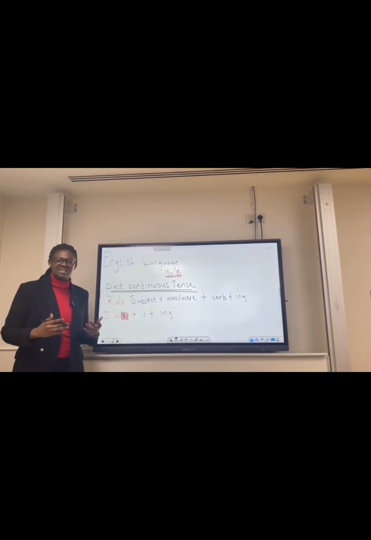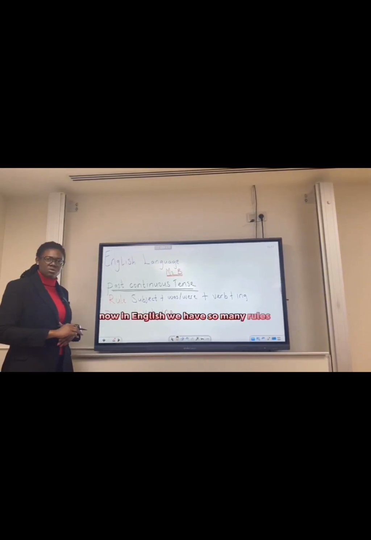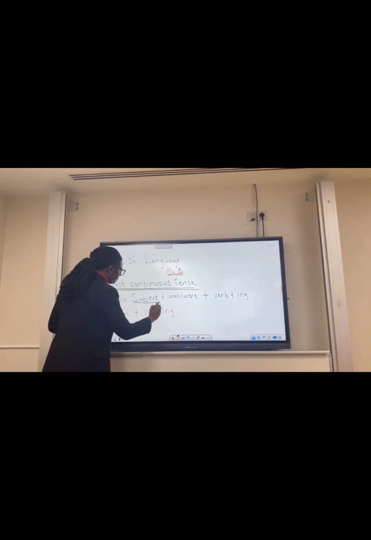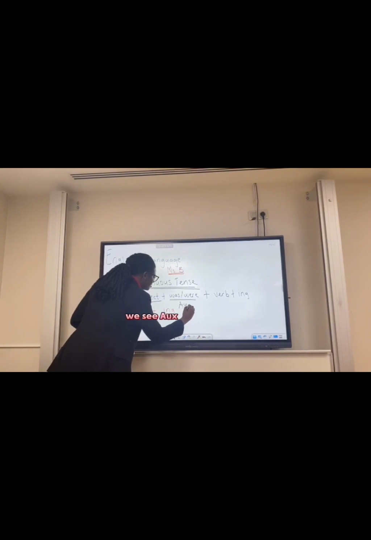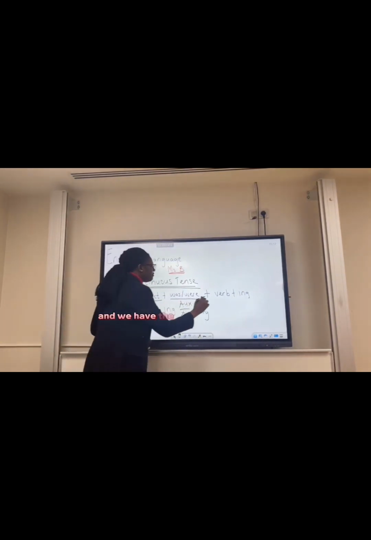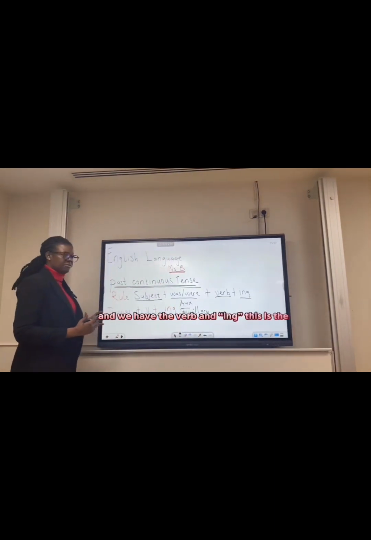Anything that is past is something that happened before now. In English, we have so many rules and forms. We have the subject, and we have the auxiliary. We say aux, or you can say auxiliary. And we have the verb and ing. This is the rule.